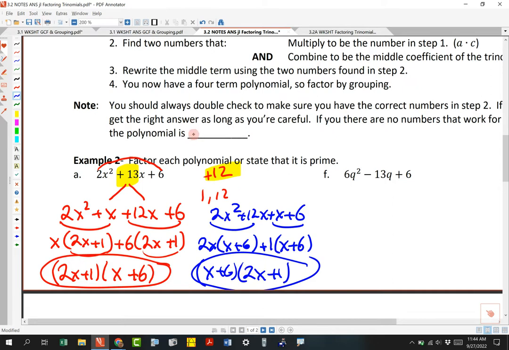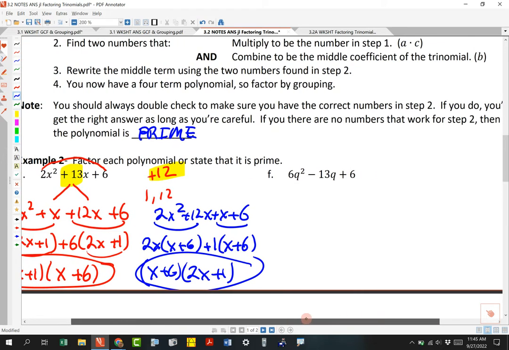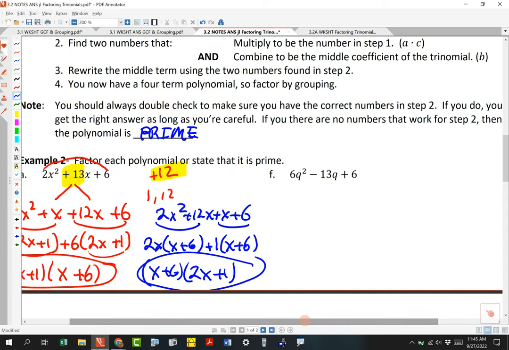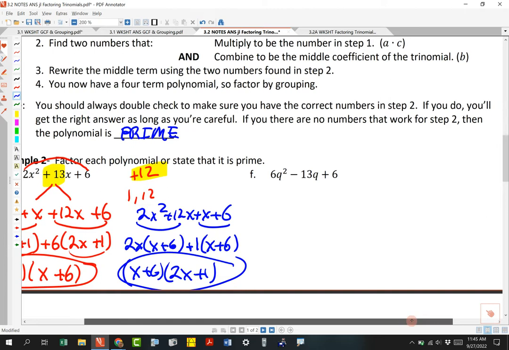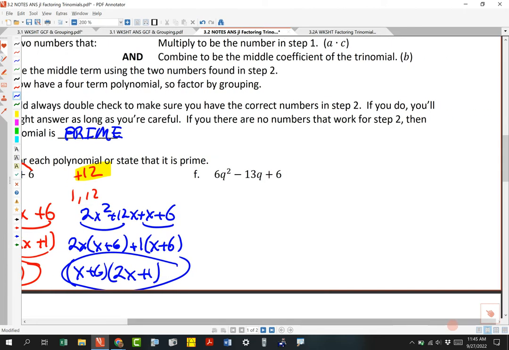So if you make sure that you've got the right answers, you know you're going to get it right, and you know if there is no answer, like if you can't answer that riddle, then you know for a fact that it's prime. You don't have to spend 20 minutes guessing and checking all the different possibilities to see whether or not it works, okay? All right, everybody good?